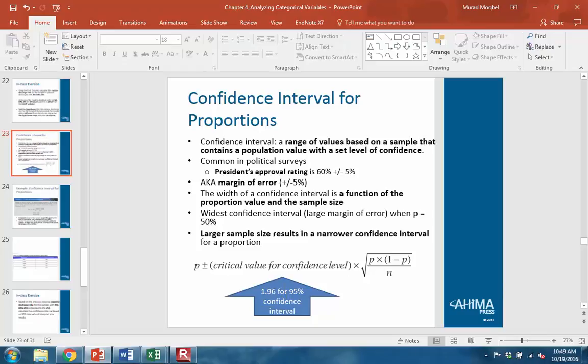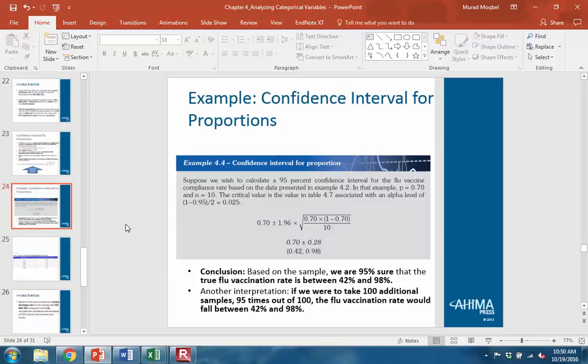Then this is multiplied by the square root of the sample proportion times 1 minus the sample proportion, divided by the sample size.